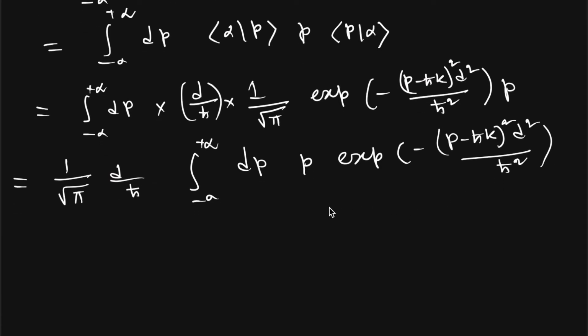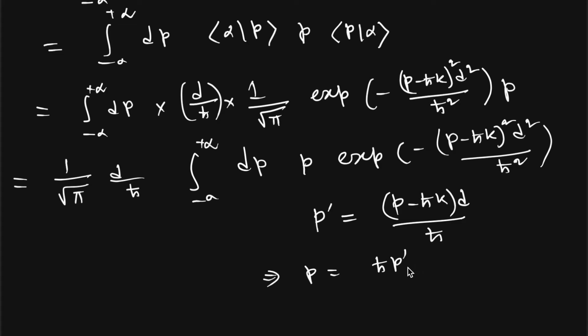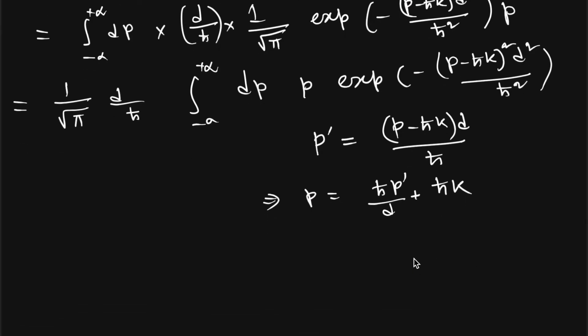Now change the variable p to p prime, which is p prime equal to (p minus h cut k) into t by h cut. That means p will be h cut p prime by t plus h cut k, so dp means h cut by t dp prime.